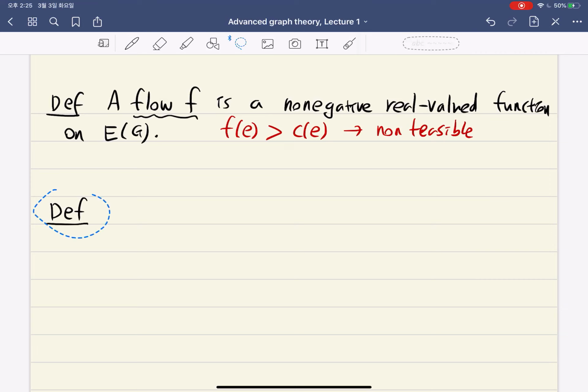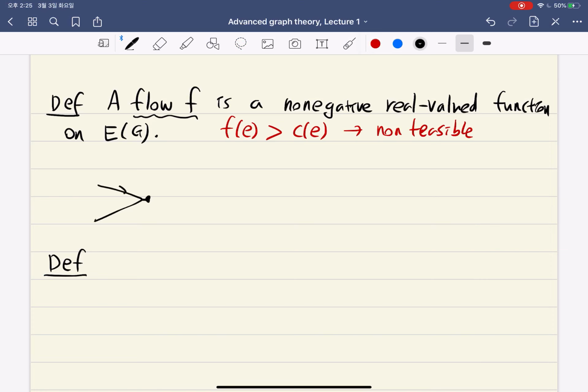So one of the conditions is that if we have a junction and there are two water pipes, and 1 liter is flowing into this junction B through one pipe, and 2 liters through the other, and then some water is flowing out, let's say 3 liters and 4 liters.